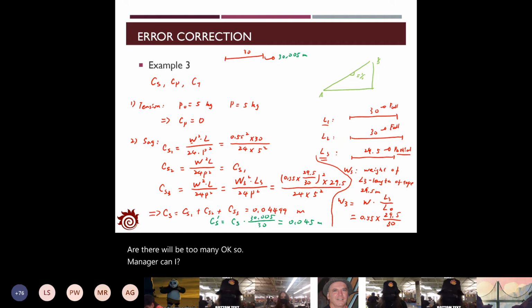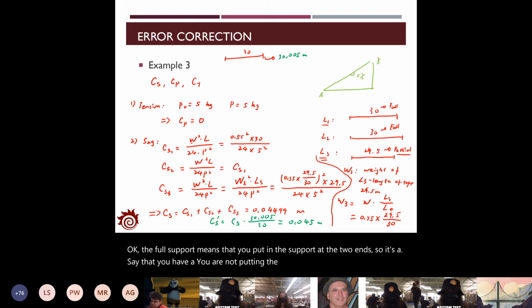Yeah, so there was a question in the chat about what full supported means. We're wondering if it means that there's no sag, or that it's just fixed at the ends? Okay. Full support means that you put in the support at the two ends. You are not putting the tape along the ground.